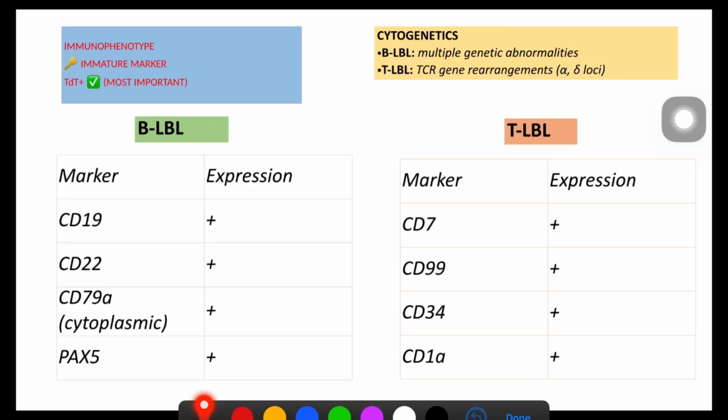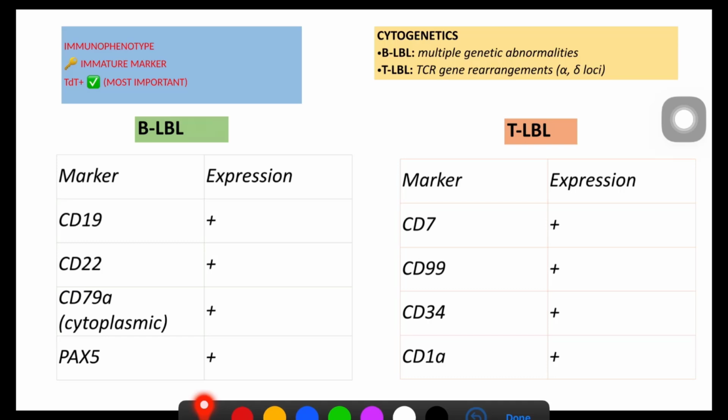So the classical differential is with the help of immunophenotype, which is TdT positive, where in BLBL CD19, CD22, CD79 and PAX5 are positive, whereas in TLBL CD7, CD99, CD34 and CD1a are positive.